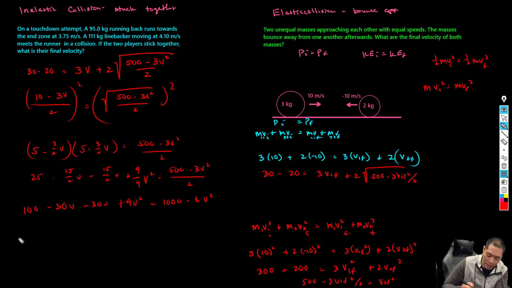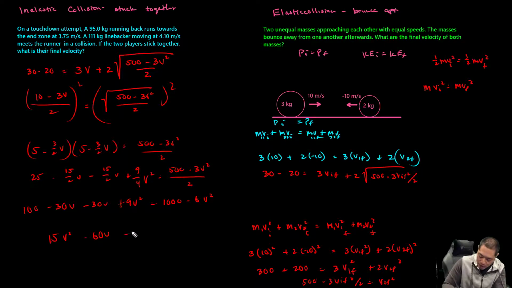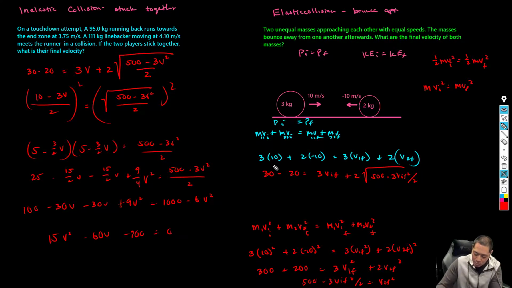I put everything on the left side. So I'm going to move 6v over, so I'm going to do plus 6v. So that'll be 15v squared minus 60v. And then I'm going to move this over, minus 900 equals 0. Let me make sure I did my math correct. Plus 15, that looks good, minus 60v.